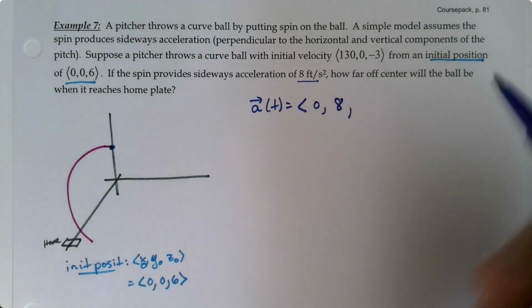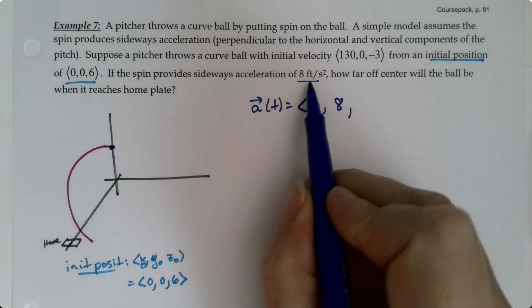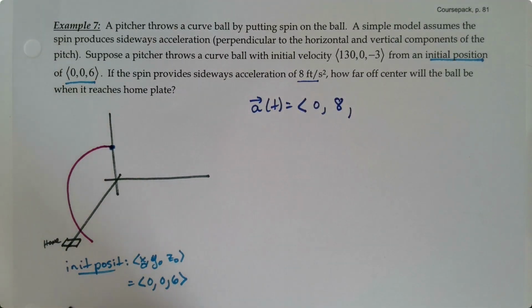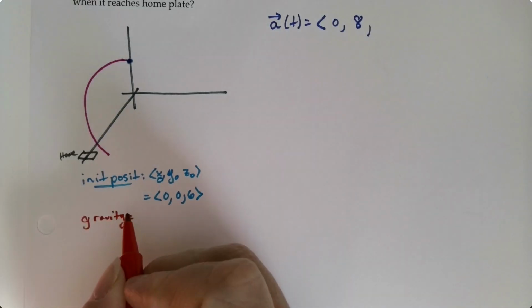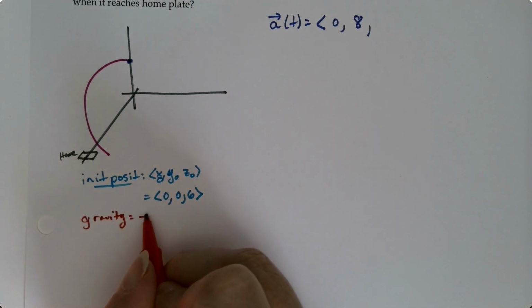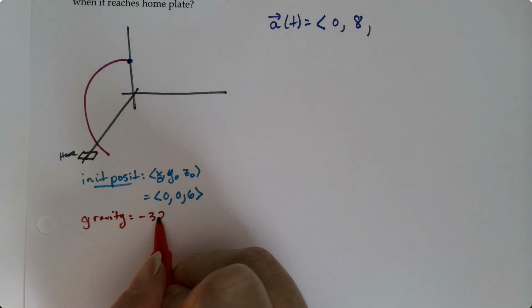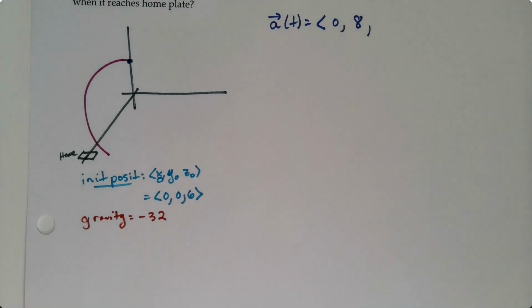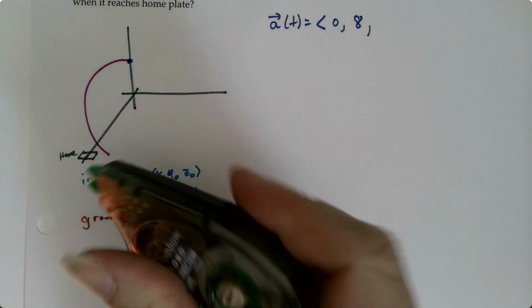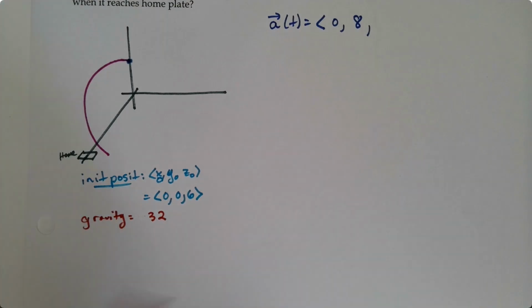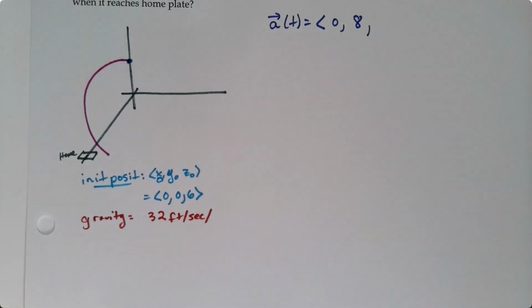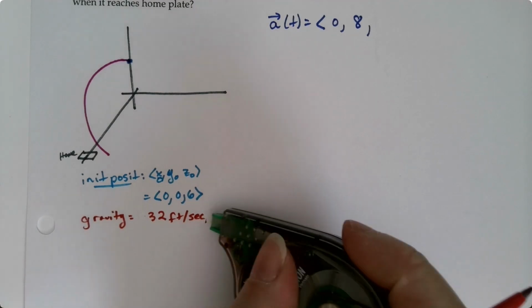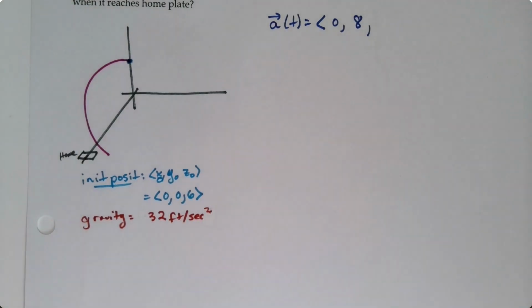And then we always have gravity. Now, this is in feet, so let's make a note. Gravity would be negative 32. Well, actually, it's negative g, but I'll just write 32 feet per second squared.